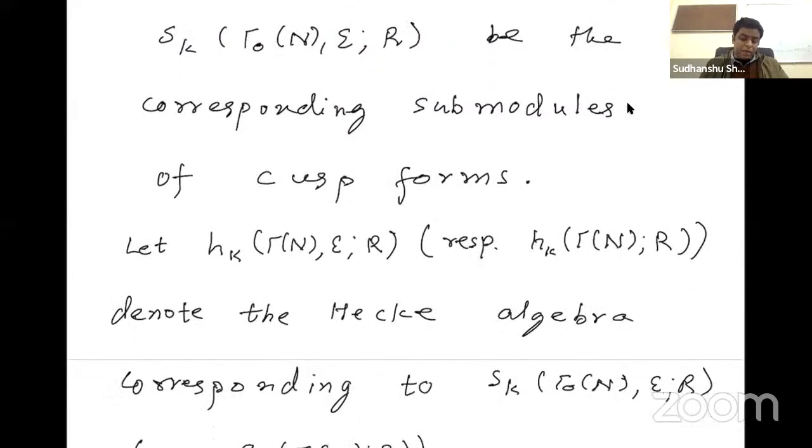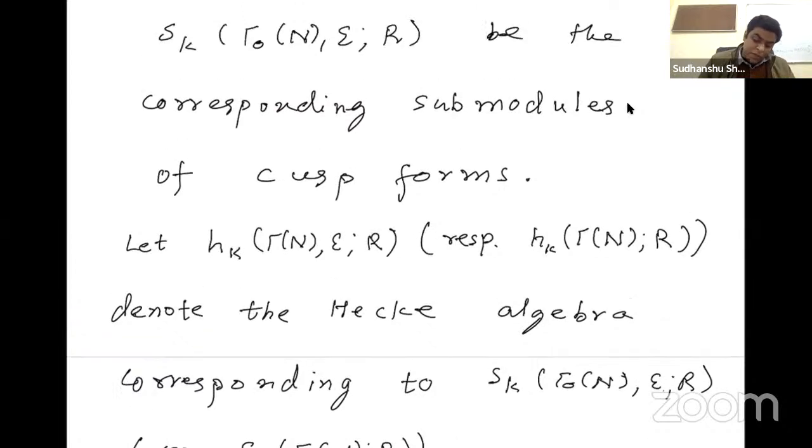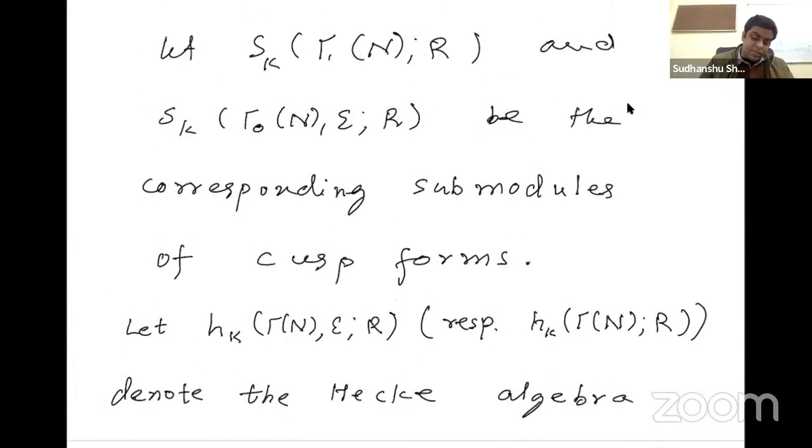And we also have the notion of Hecke algebra. So once we have these spaces, we can take the endomorphism ring of these modules over R, and inside that we can take the subalgebra generated by Hecke operators T_n's.